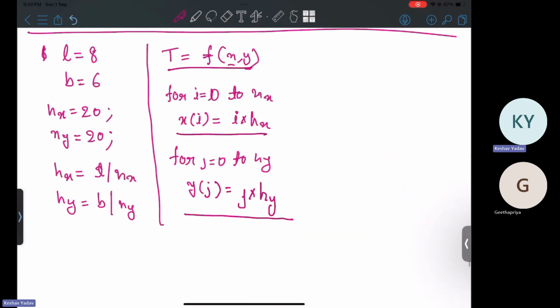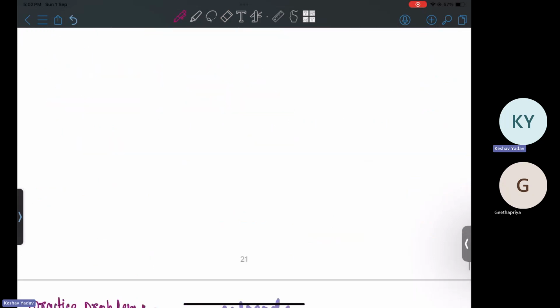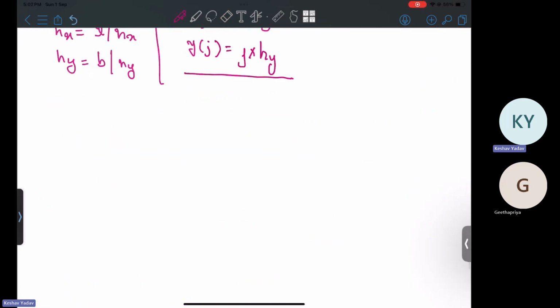Now I just need to apply Simpson 1/3 to find out the integration. Then T average will be whatever integration I get divided by the area.